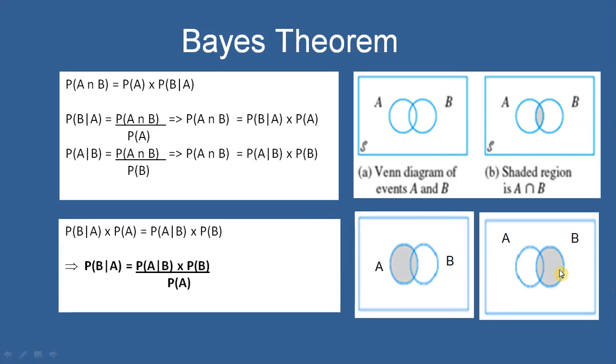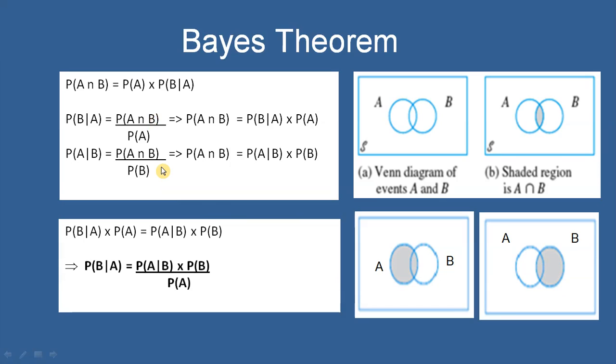Similarly, here B happens, so the probability of event A given that B happens is P of A given B equals, again, P of A intersection B, the common portion, divided by the probability of B.